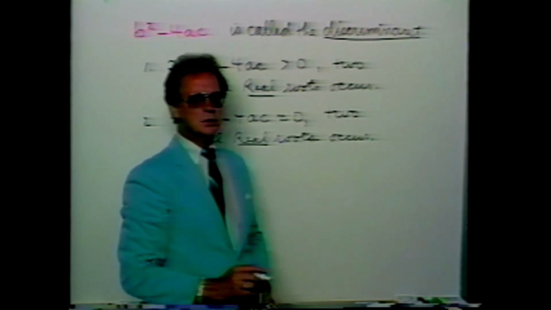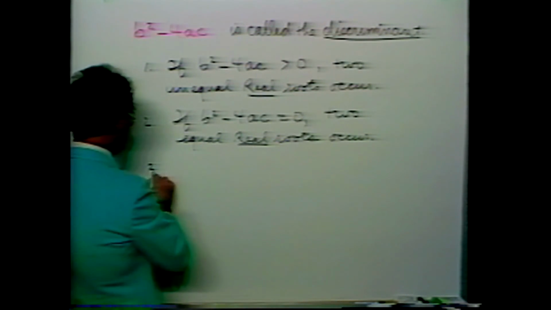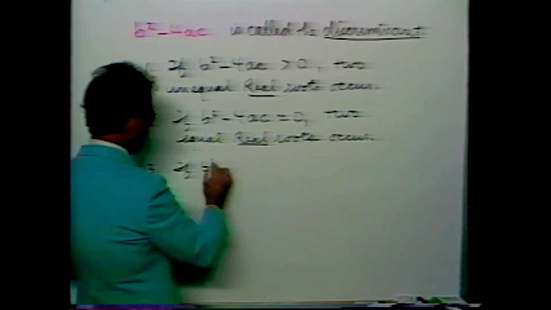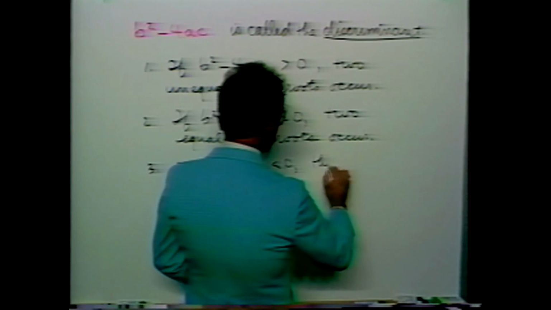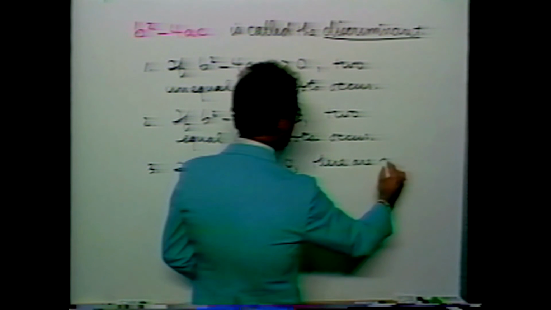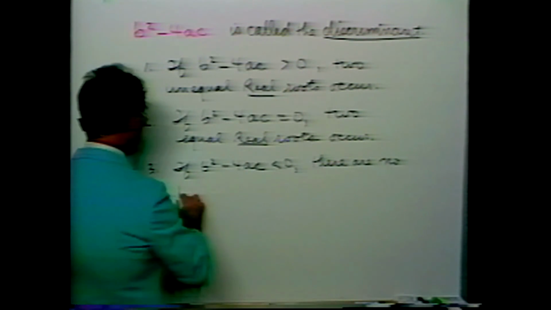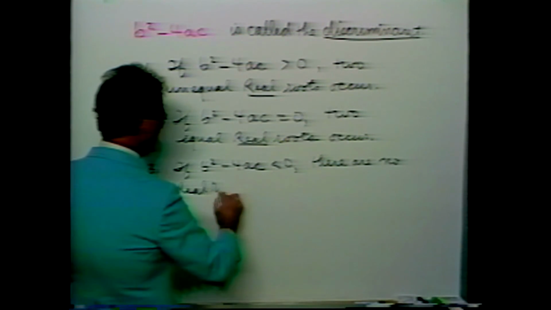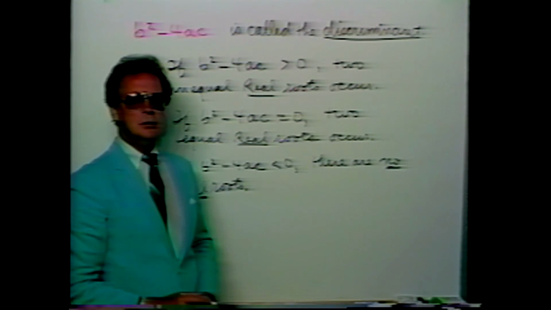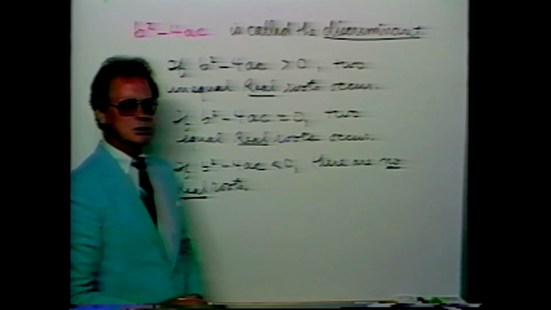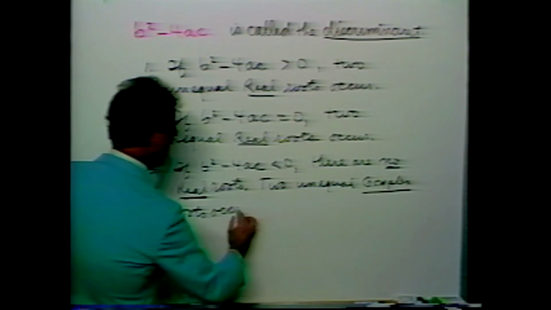Three, if b squared minus 4ac is less than 0, there are no real roots. But what you do get are two unequal complex roots.